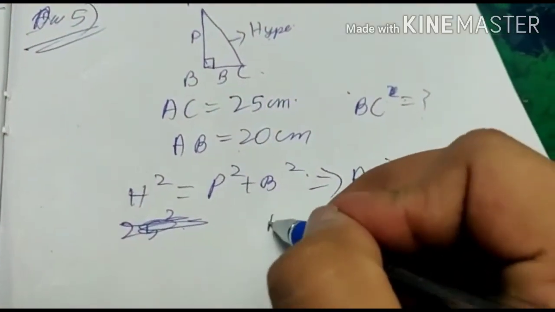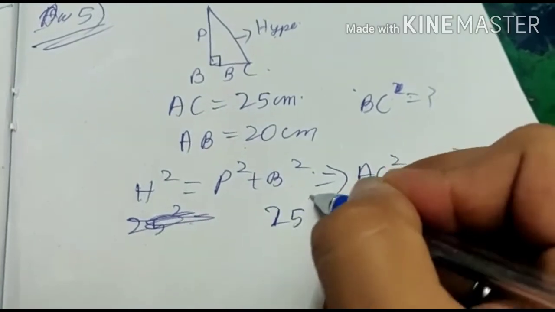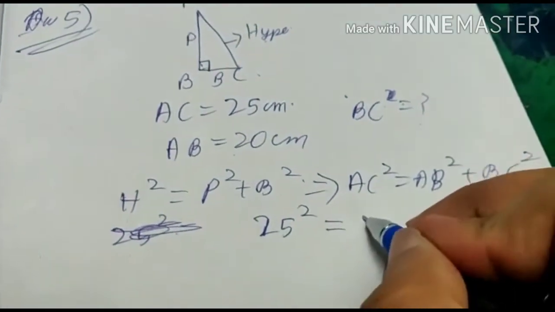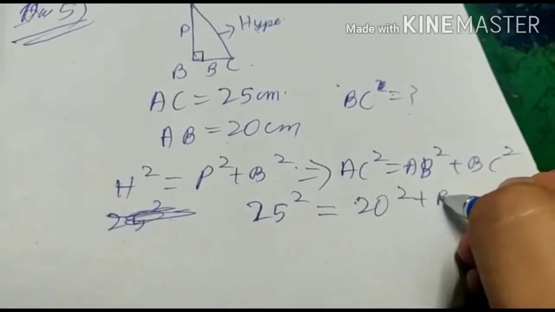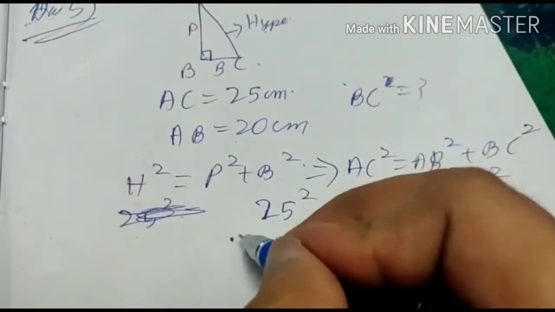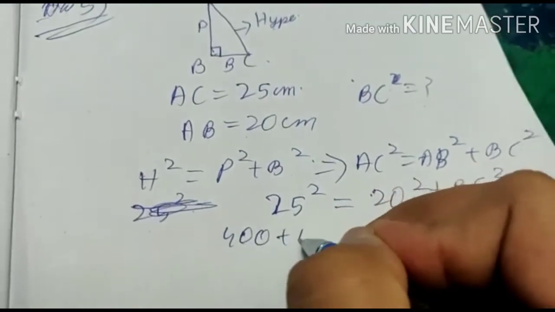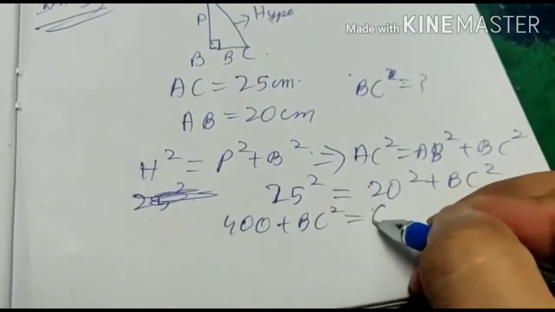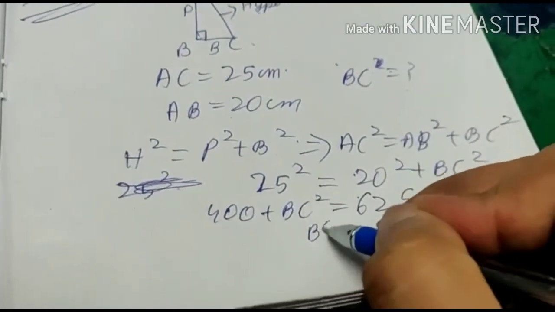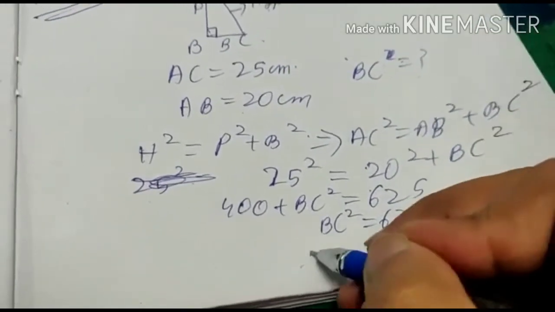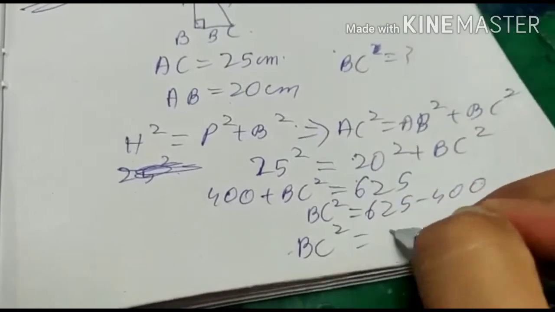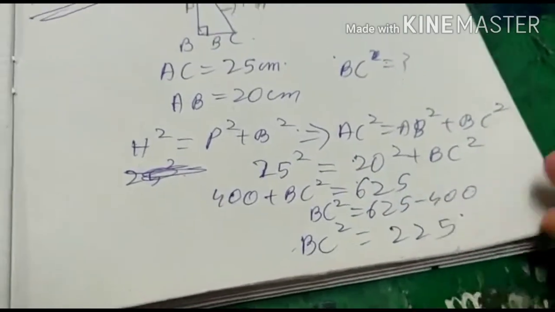So here AC square is 25 square equals to AB square, means 20 square plus BC square. So 400 plus BC square equals to 625. BC square equals to 625 minus 400. BC square equals to 225.